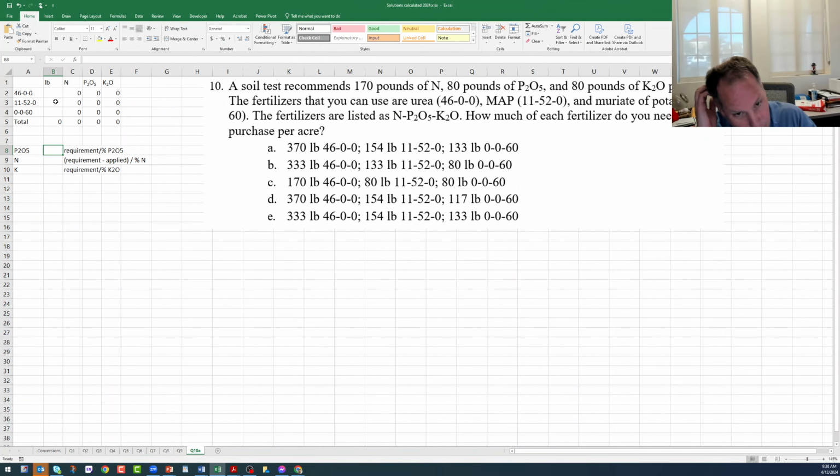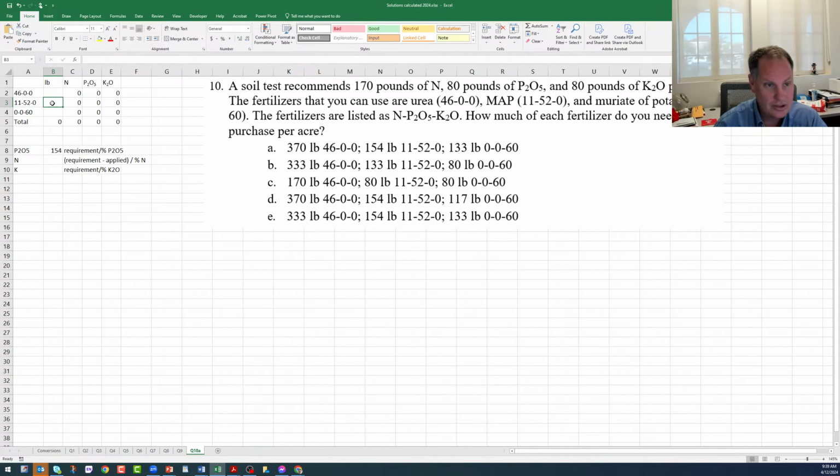So starting with our phosphorus, which is the one that we are in limiting supply, and we can make up the nitrogen with this 11-52-0. I'm going to do the pounds of phosphorus we need, which is 80 divided by 0.52. Put that in here. So we need 154 pounds of 11-52-0 to put out the right amount of P2O5.